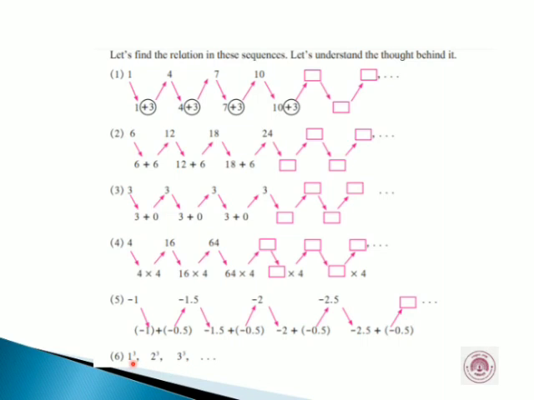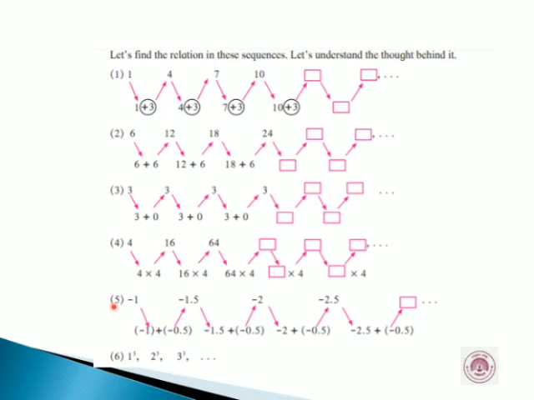Here the sequence is 1 cube, 2 cube, 3 cube, etc. Here 1 cube is 1, 2 cube is 8, then 27, etc. So here we cannot find a particular relation. Here we can say the examples 1, 2, 3 and 5: in each of these sequences, the next term is obtained by adding a particular number to the previous number.